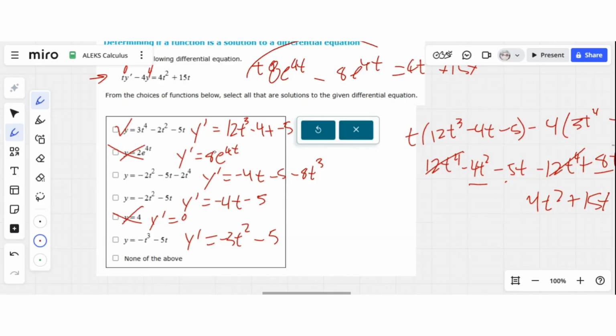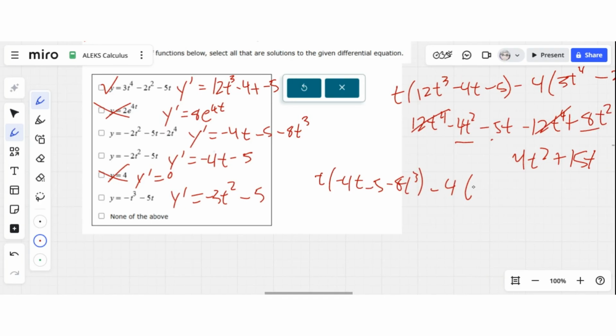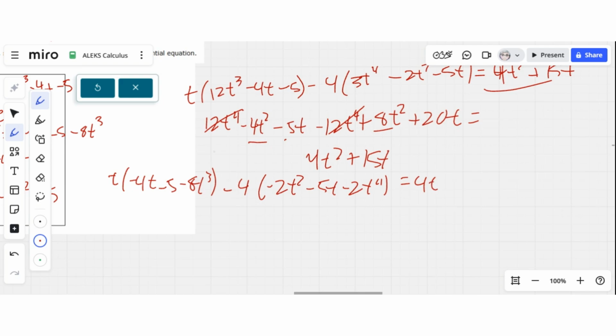Well, we've got to go through that same process again. So it's going to be t times the derivative. Let's do this one here, times negative 4t minus 5 minus 8t cubed, minus 4 times the original function, so negative 2t squared minus 5t minus 2t to the fourth, and that's all got to equal 4t squared plus 15t.